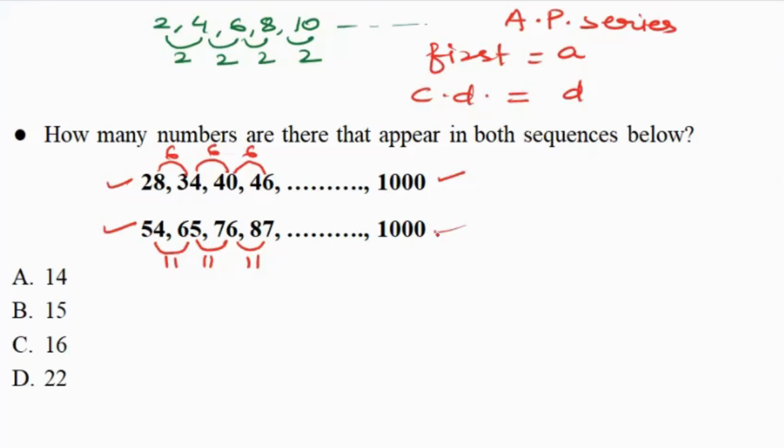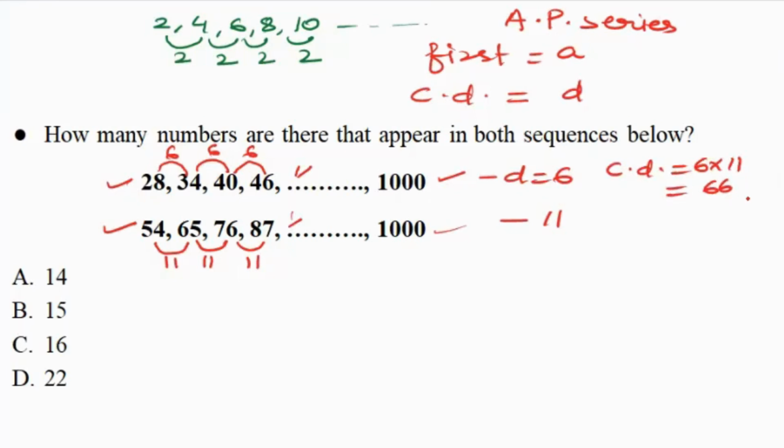So the common difference between the common terms has to be 6 times 11, which is 66.